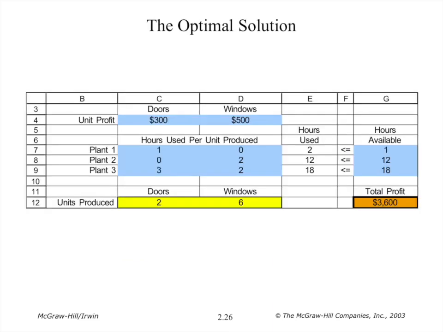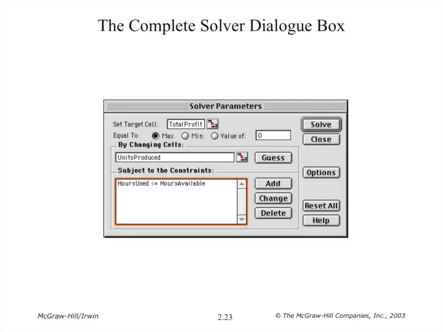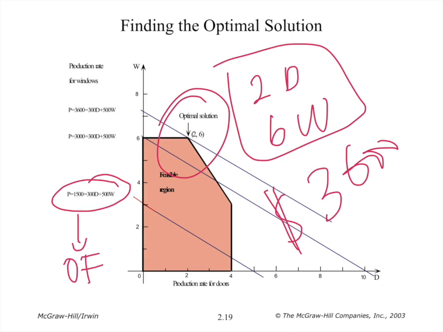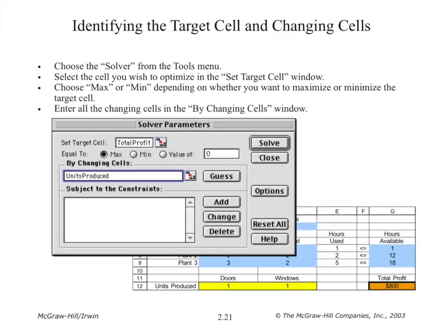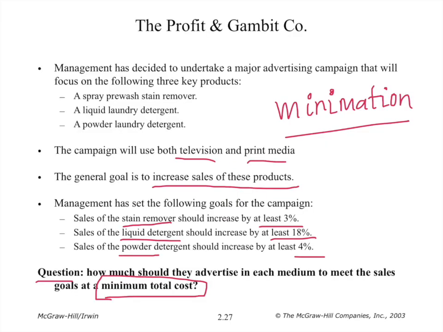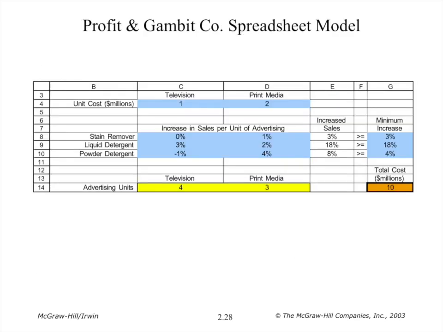In the case before it was maximization: we found the maximum profit, and the optimal solution was the maximum profit. But in this case it is the minimum total cost.